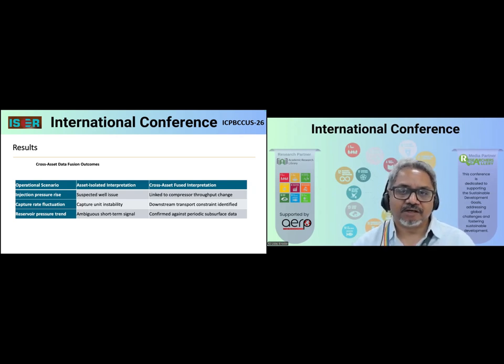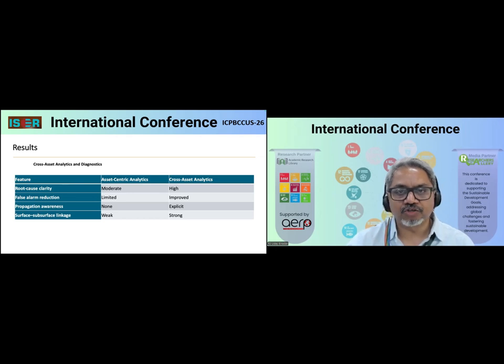Overall, this reduces the diagnostic ambiguity that commonly arises when high frequency data as well as inspection data is viewed in isolation. It also allows a complete end-to-end visualization of point problems that can occur in the entire value chain. So that is really something which is an output or a result of cross asset data fusion.